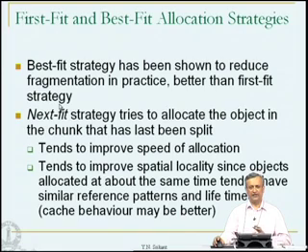First fit cuts off chunks from the free memory in some arbitrary manner, and not like the best fit strategy. These two, first fit and best fit, are really very well known strategies. A slightly less known strategy is the next fit strategy. The next fit strategy tries to allocate the object in the chunk that has last been split.